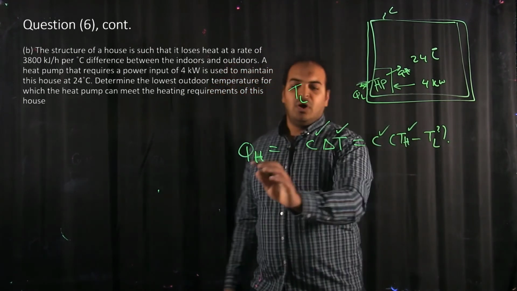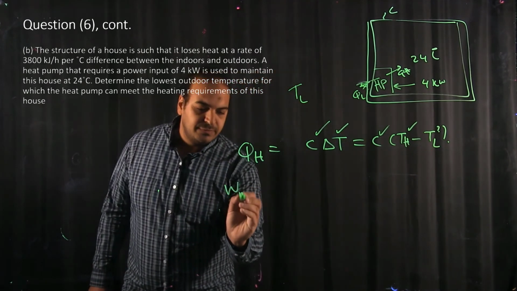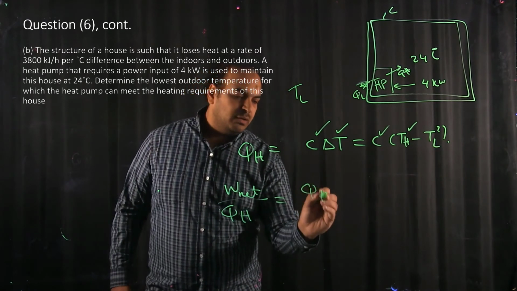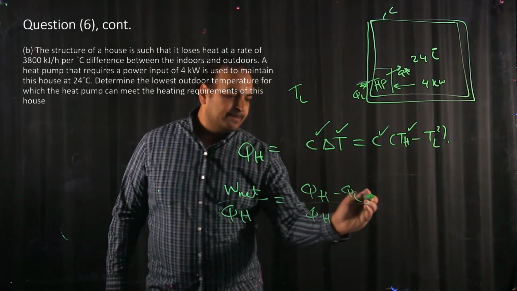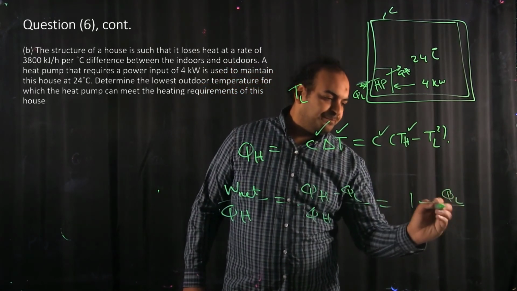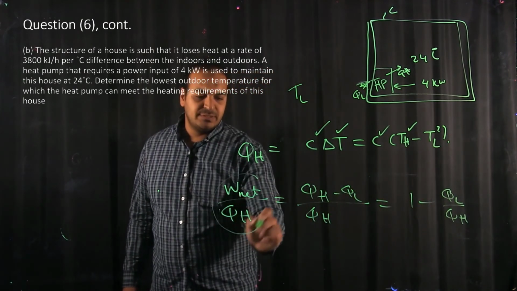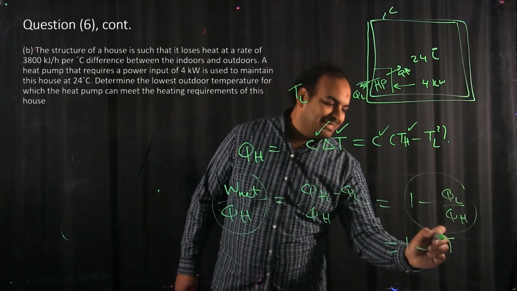So we have this Q high function of T low. So let's say W net over Q high, I provided this way. So it's Q high minus Q low over Q high, equal 1 minus Q low over Q high. It looks like the same energy, but it's not same energy. I just want to write this in terms of this. Why? Because this is ideal. It's 1 minus T low over T high.